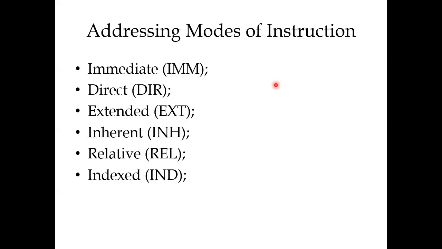Let's go back. These are my 6 different addressing modes. To understand the instruction, it is extremely important to understand the addressing mode. That's why we are first trying to understand the addressing mode. Let's read the names. In the parentheses, I wrote the short names, which are widely used, and even appear in the set of instructions.